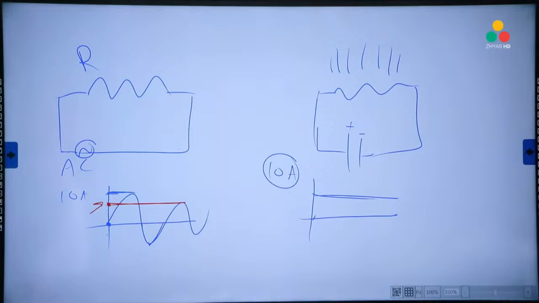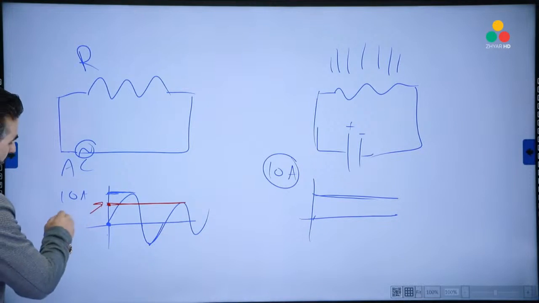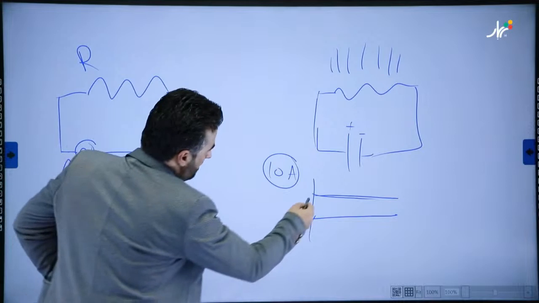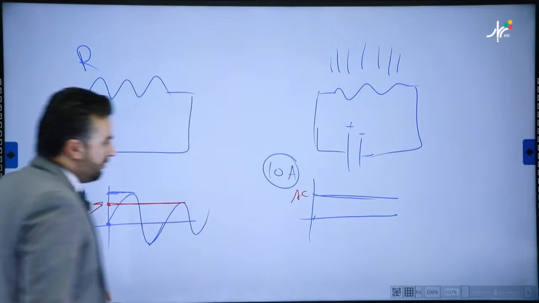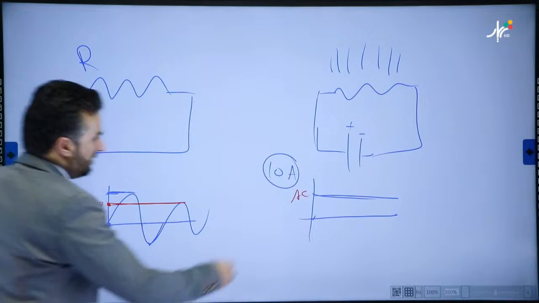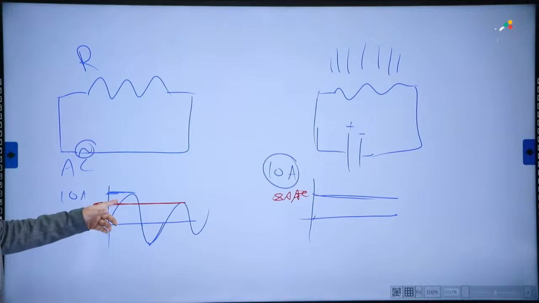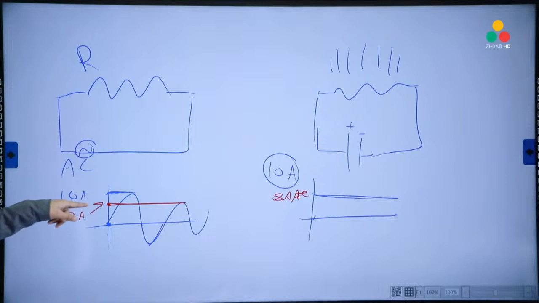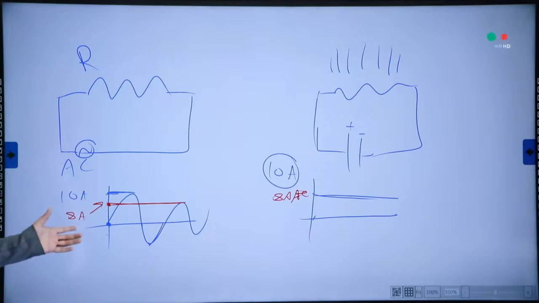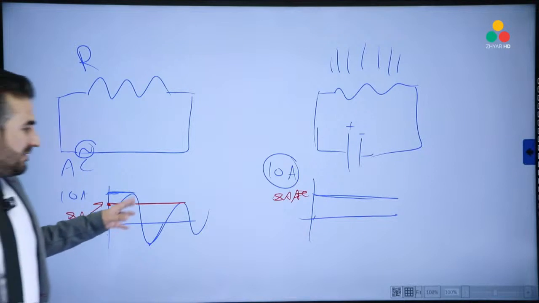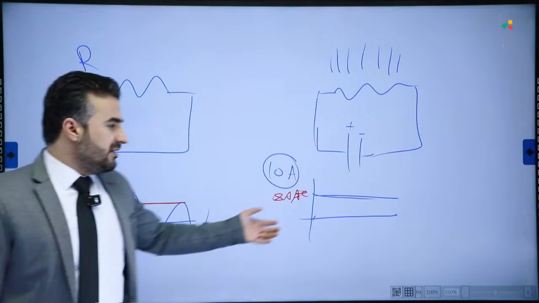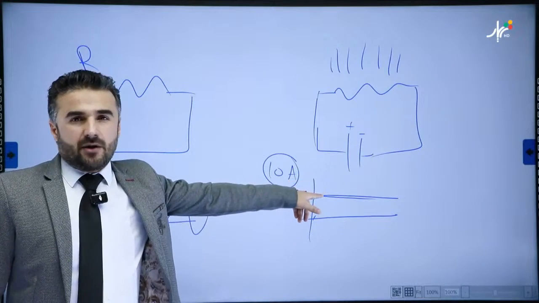Let's say this is 8 amperes. And if this is 8 amperes as well, we can say that even though the AC has a maximum of 10, it has something else, called the root mean square, or effective value, that is basically 8 amperes. Now this 8 amperes basically gives the same heating effect as this direct current here.